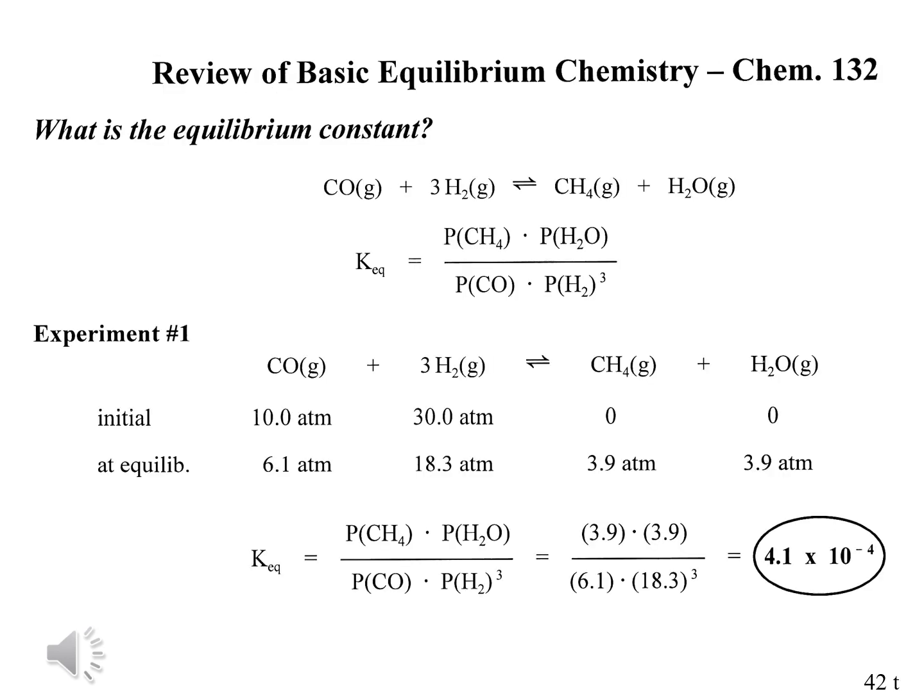This is an actual experiment showing how the equilibrium constant works. Let's suppose that you were a chemist and you wanted to start with a reaction mixture that has 10 atm of CO and 30 atm of H2. Now we're going to assume that chemists know how to put this in a flask at those amounts. That's analytical chemistry. We don't want to study that, but we're going to say that if you do that, and then you let the reaction come to equilibrium, you can measure all four of the amounts of the substances at equilibrium.